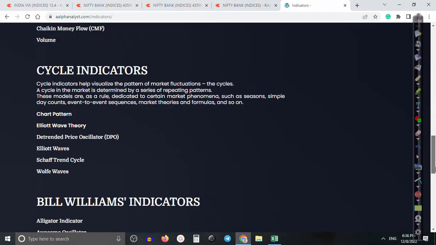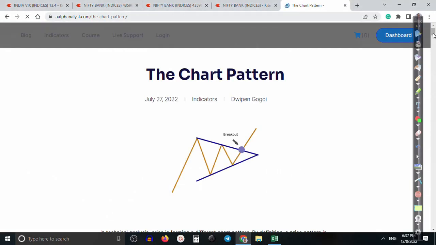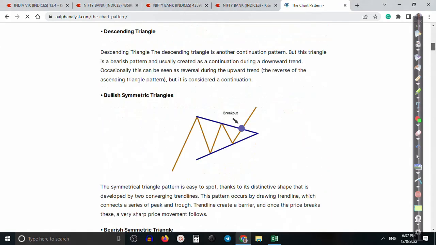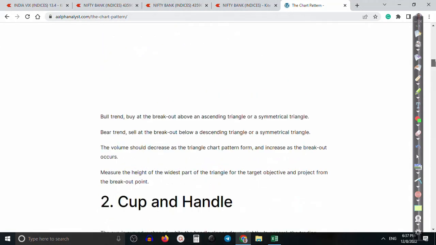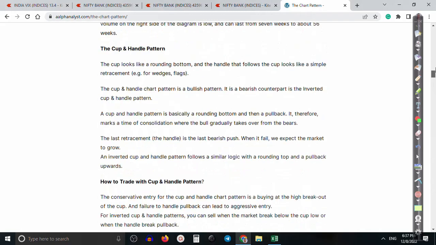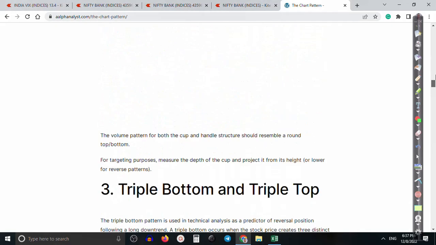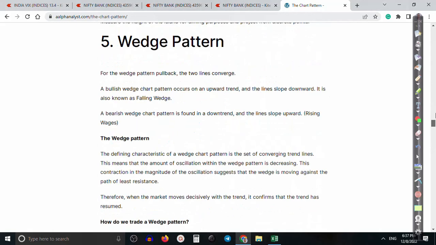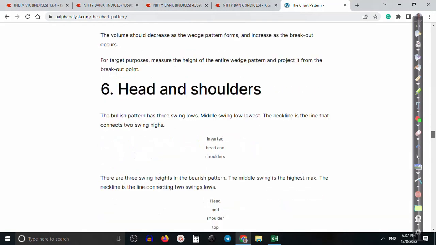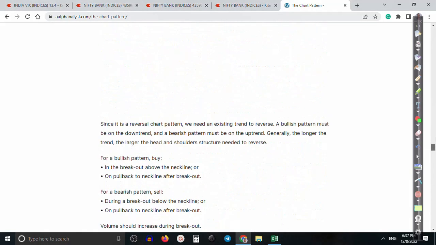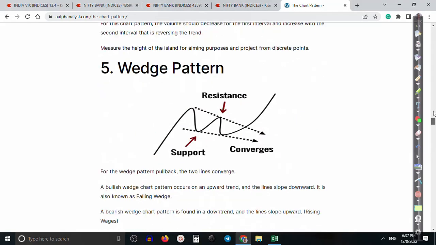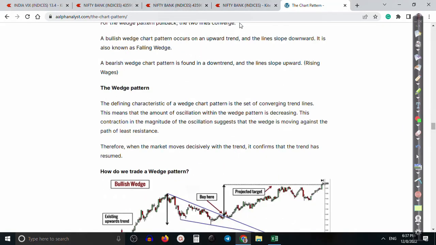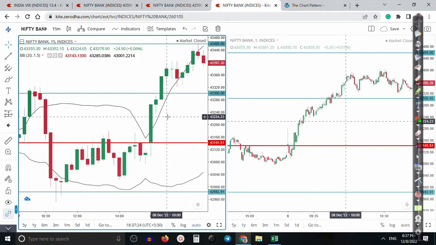All the chart patterns are here: triangle, bullish, reversal, head and shoulders, like that. I'll show you exactly what type of pattern formed here.